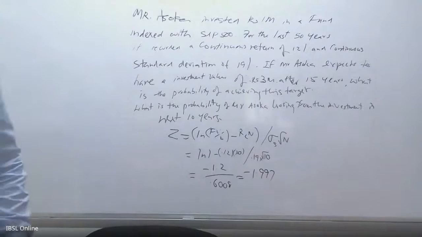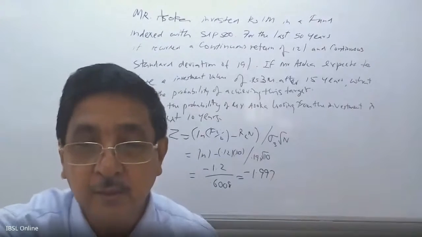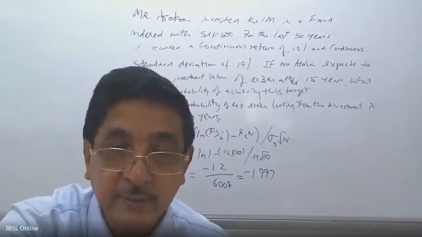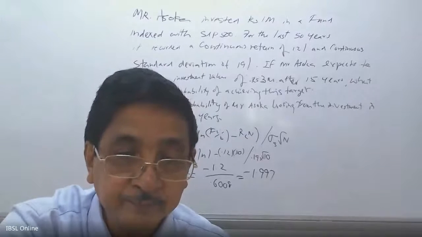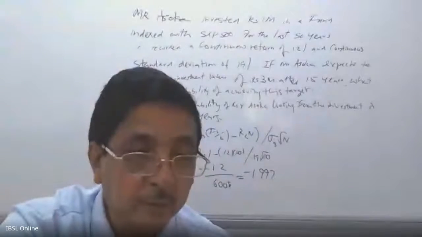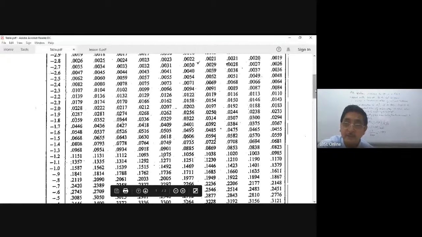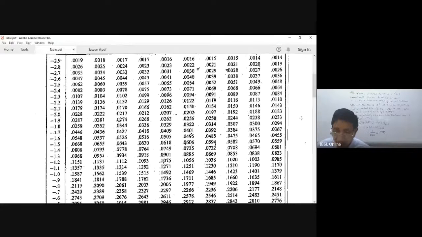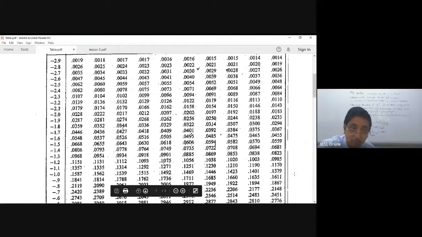So you can go to the table and just check it. 1.99, minus 1.99 comes here. 0.0233. That is 2.33%. Now the loss-making probability will be 2.33%. That means a very low probability of making losses.